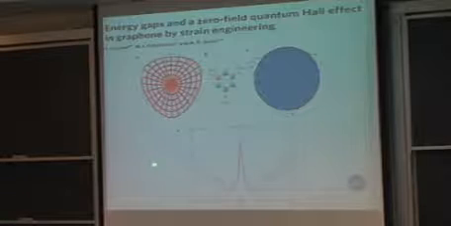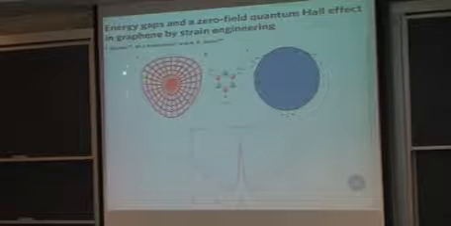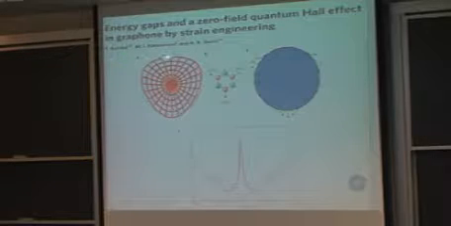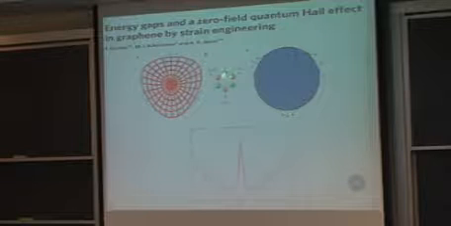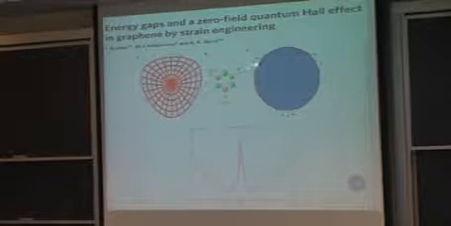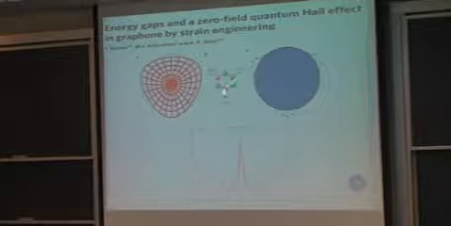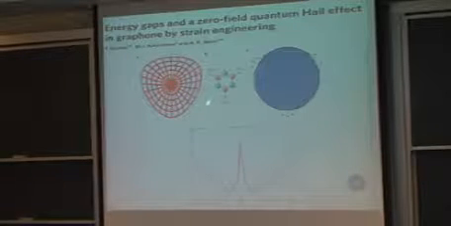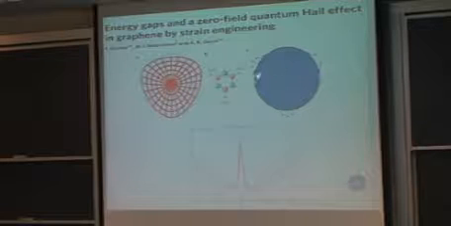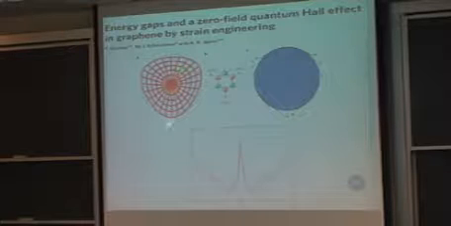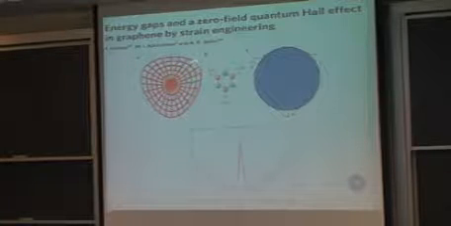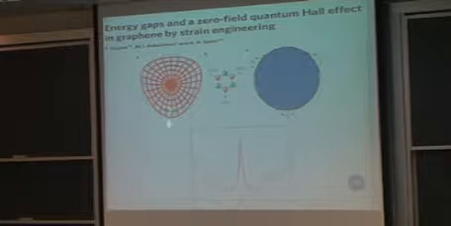There was also another proposal which appeared in Nature Physics last year by Guinea and Geim, where they showed that if you engineer strain along certain crystallographic directions, you can also induce a uniform magnetic field perpendicular to the sheet. This is like stretching graphene in this direction, this direction, this direction.